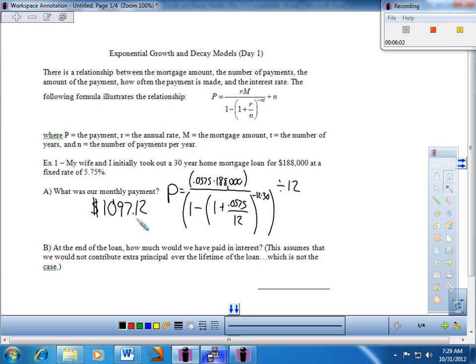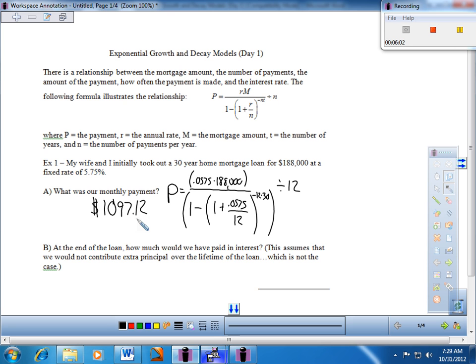And so there's a second part to this. It says at the end of the loan, how much would we have paid in interest? And by the way, this assumes something that most people don't do, that we would not contribute extra principal over the lifetime, like trying to pay down the mortgage as much as possible. And again, we certainly did that. And plus, we refinanced, so this is not the case anymore.